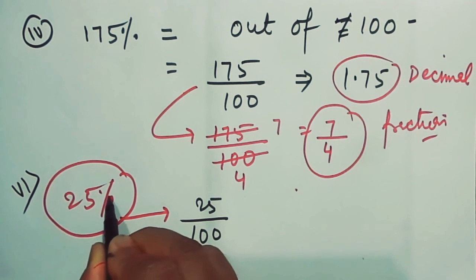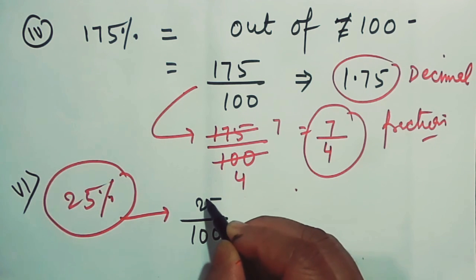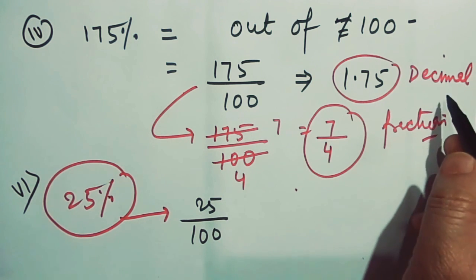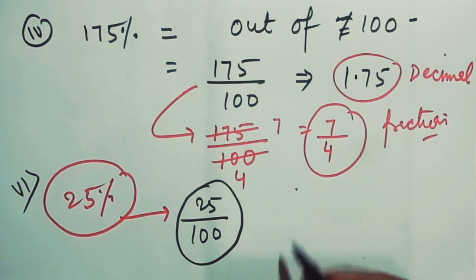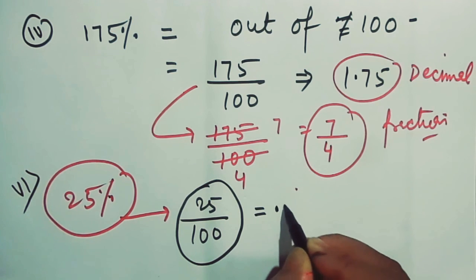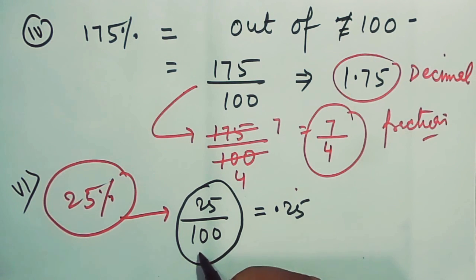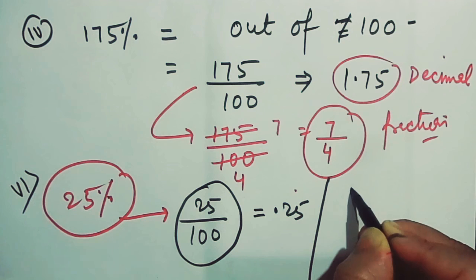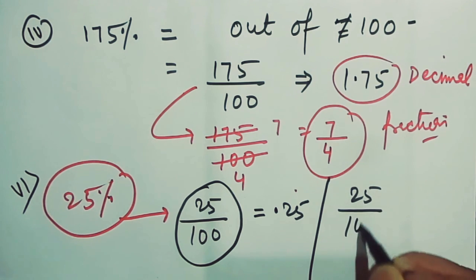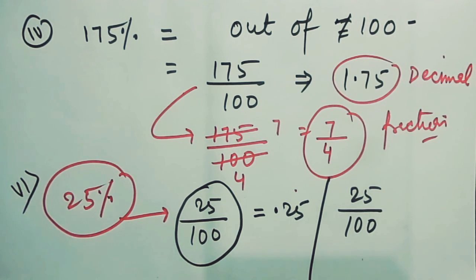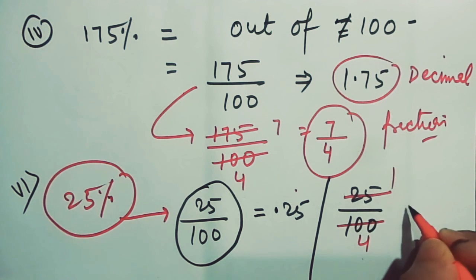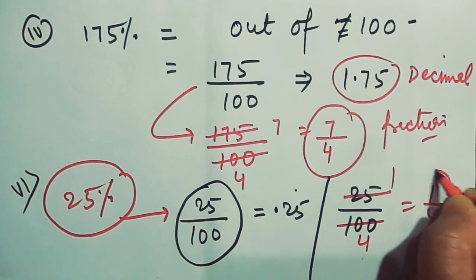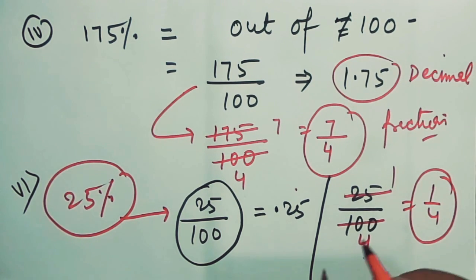If we are changing it into fraction or decimal, we need to divide it by 100, isn't it? So this will be equal to 0.25, because we are removing the decimal. Now the same value 25 by 100, if we simplify it, 25 one times, 25 four times, is equal to 1 by 4, in fraction form.